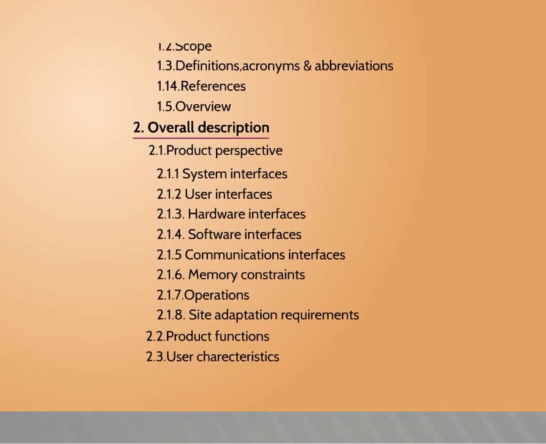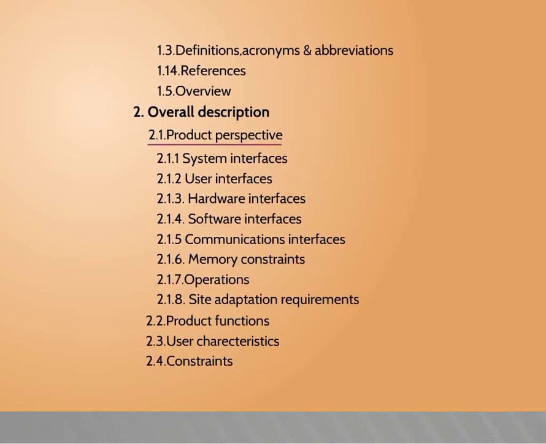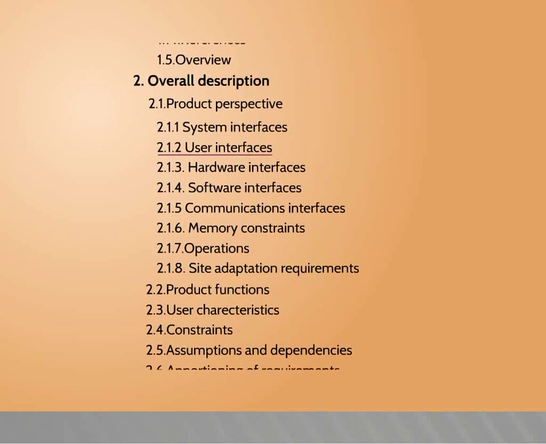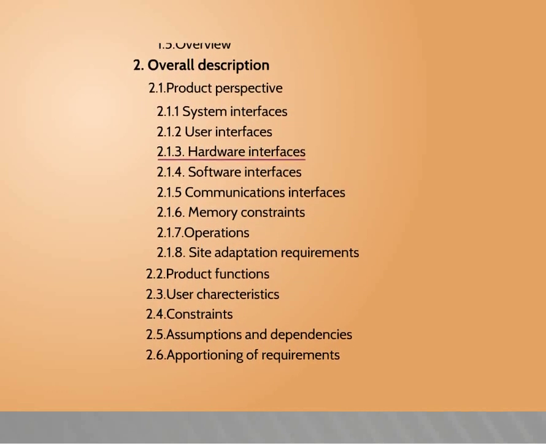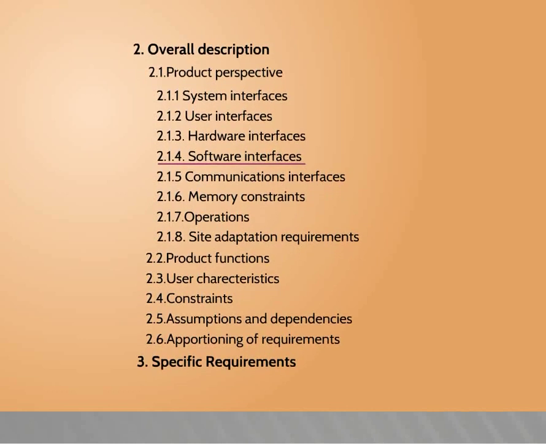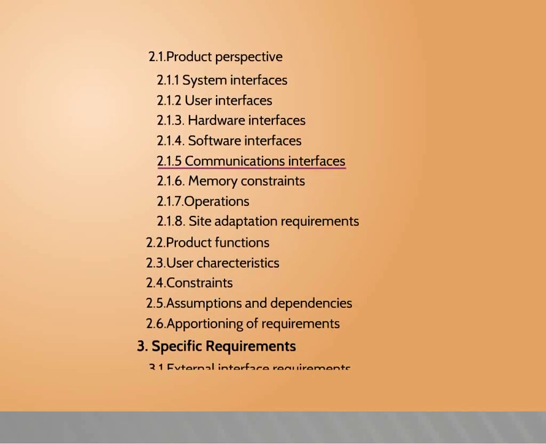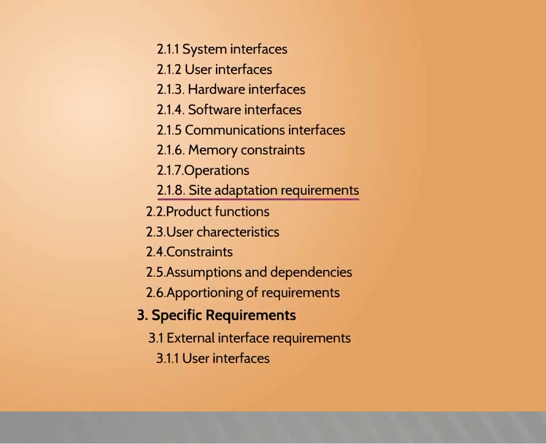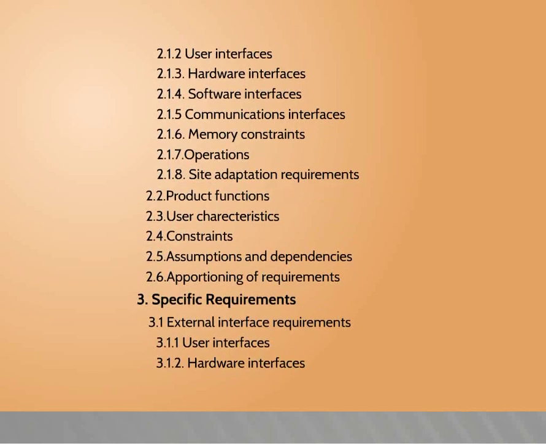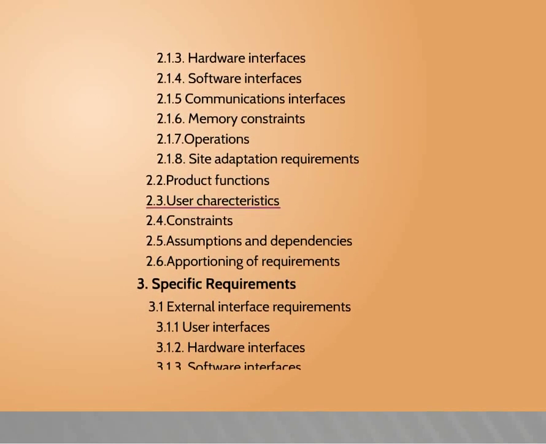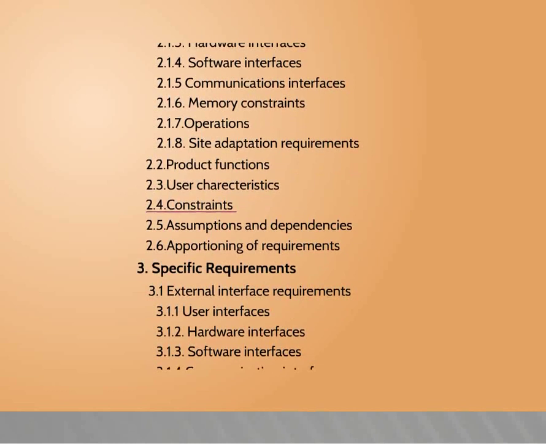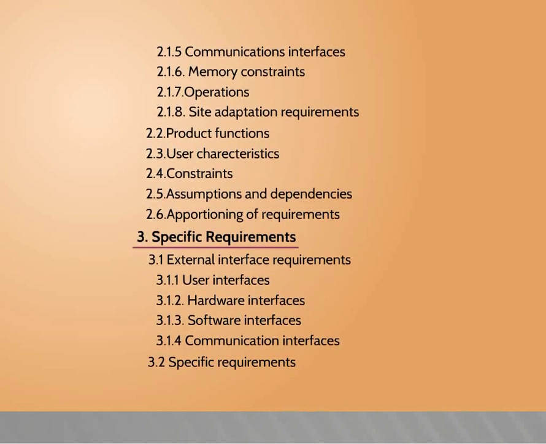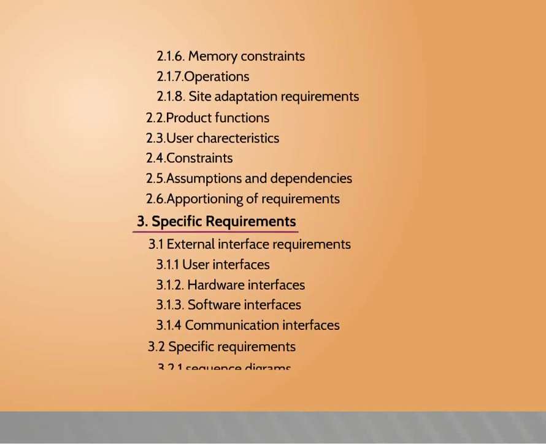Number 2, overall description: product perspective, system interfaces, user interfaces, hardware interfaces, software interfaces, communication interfaces, memory constraints, operations, site adaptation requirements, product functions, user characteristics, constraints, assumptions and dependencies, apportioning of requirements.